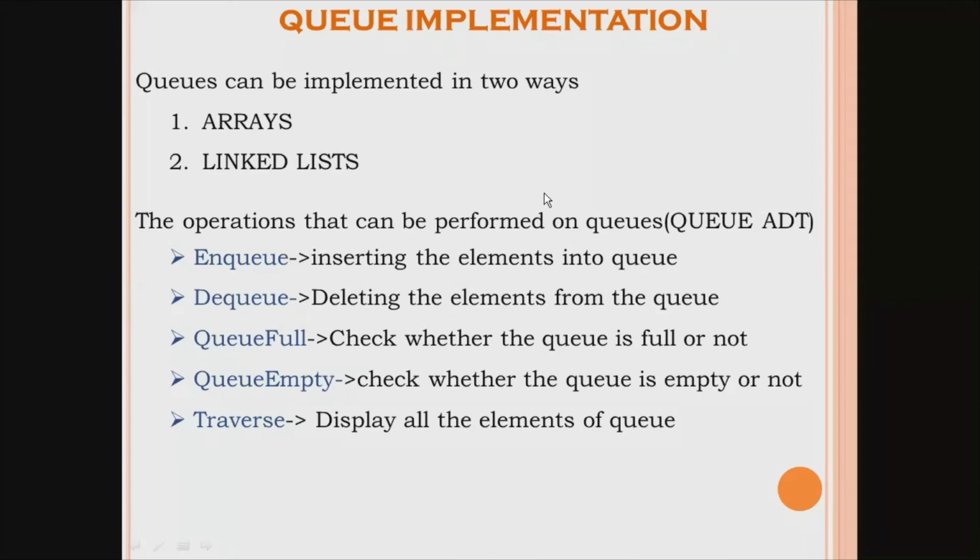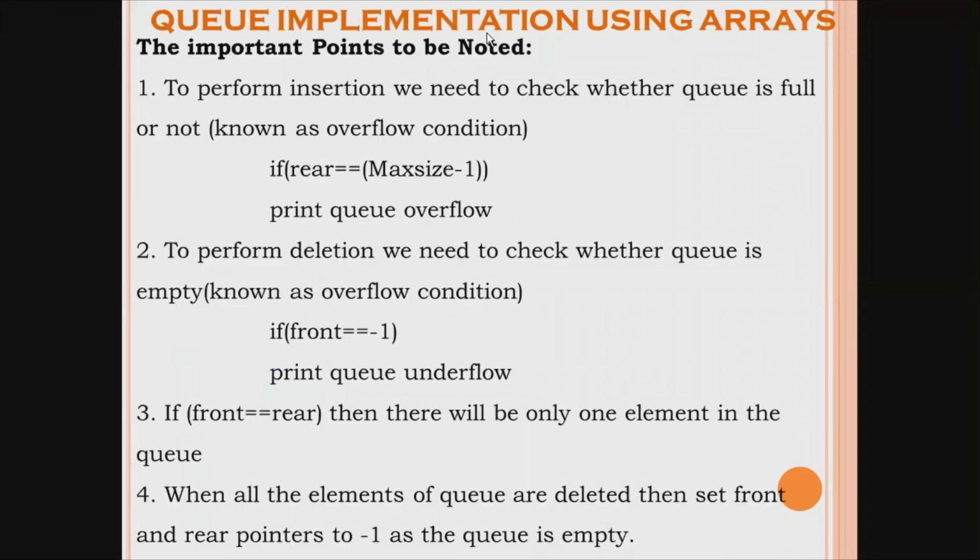Now, let us see, while implementing the queue by using array, what are the important points to be noted? The first and foremost point to be noted is to perform insertion, every time we need to check whether the queue is full or not. To check whether the queue is full or not, we need to use the condition called rear equal to maximum size minus 1, where rear is nothing but from the rear end we are going to perform the insertion.